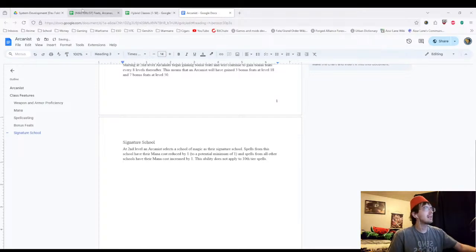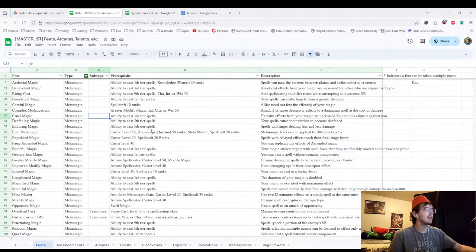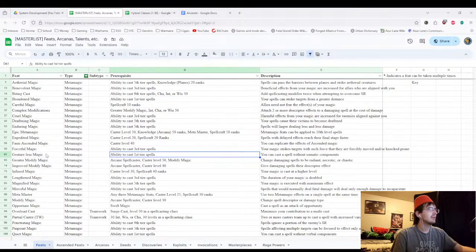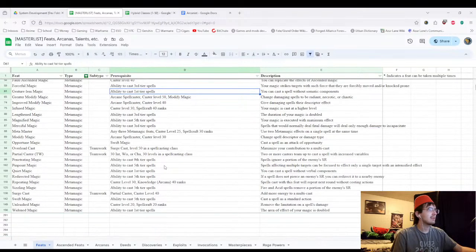Level 3, I think this is where we get them their first meta thingy. Let's give them one of the lower ones. Oh, here we go. Gestureless. Wait, let's scroll down and see what else we can find. Widened.